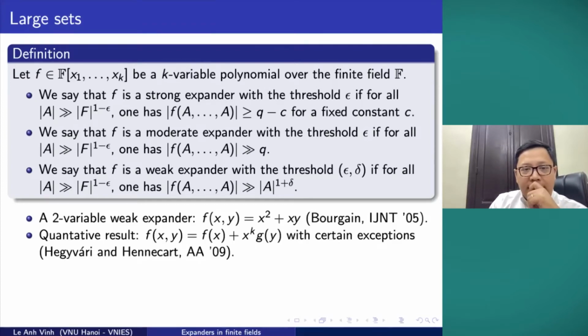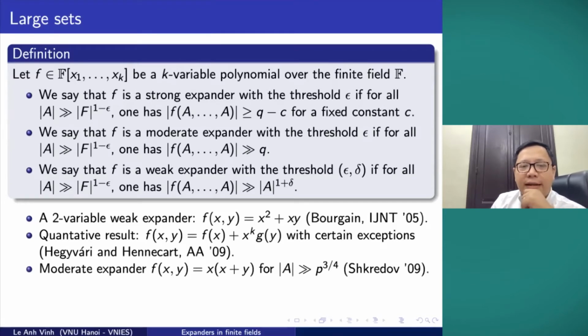And a more quantitative result: f(x,y), when you can separate it into two functions, f(x) plus x to the k and g(y), with certain exceptions for f(x) and g(y), is also an expander, given by Hennecart and Henri Bary.